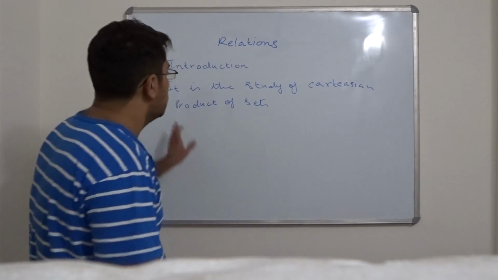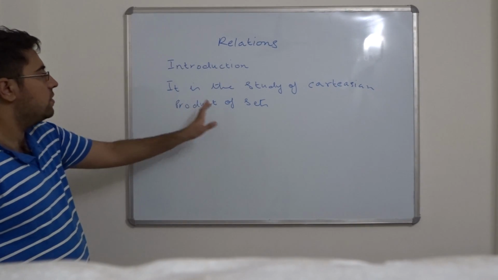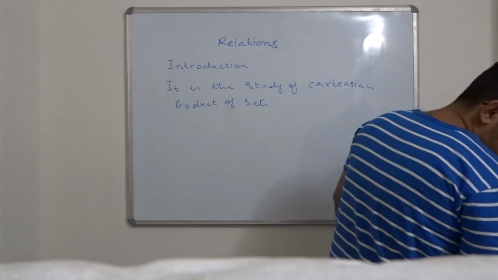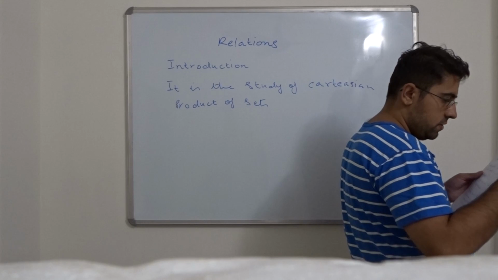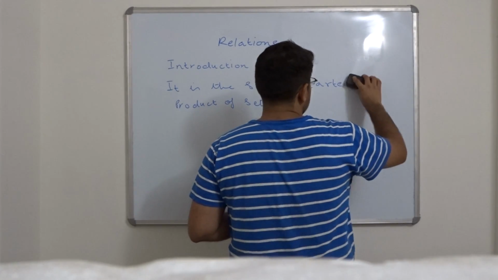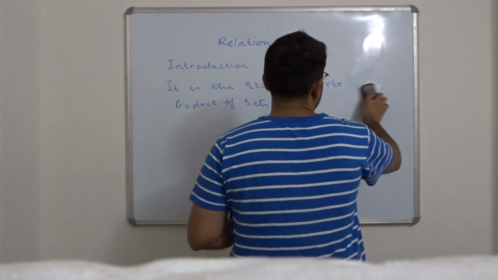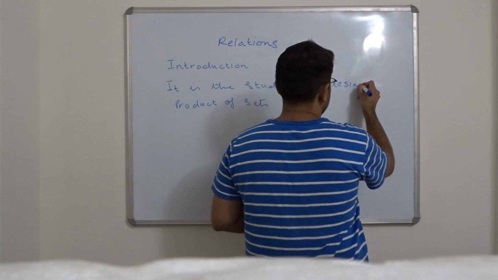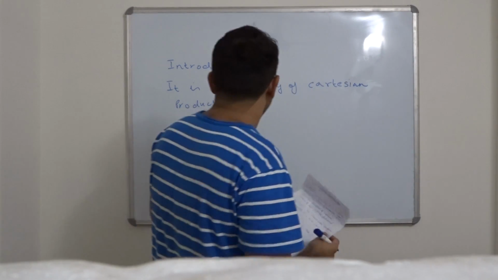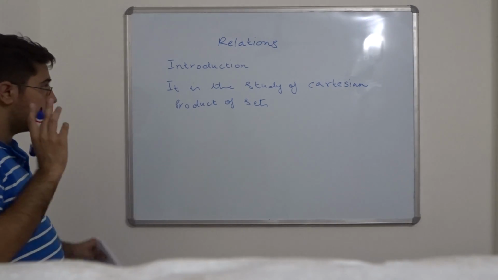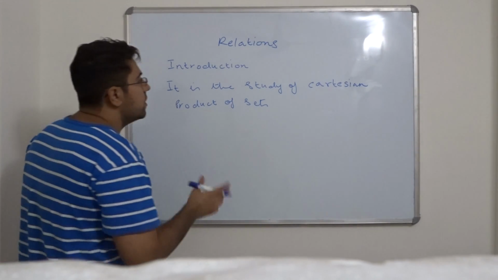Okay? So this is what it is. It is the study of the Cartesian product of sets. That's what relations is. Let me just correct this: Cartesian product of sets.